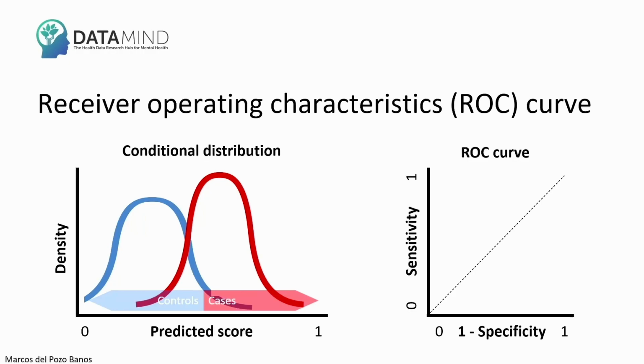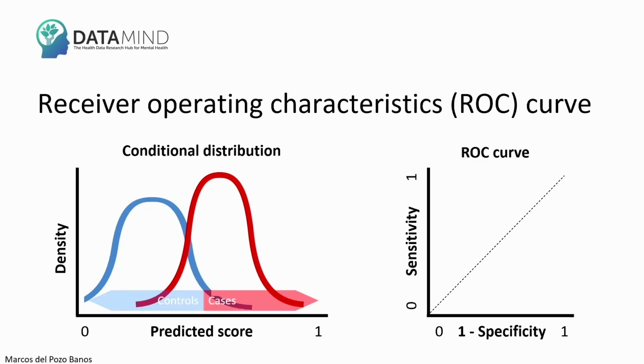Lower values of the score are characteristic of controls, negative samples, and higher values are characteristic of cases, positive samples. On the right-hand side, we have the axes of the ROC curve: on the x-axis, 1 minus specificity, and on the y-axis, sensitivity.